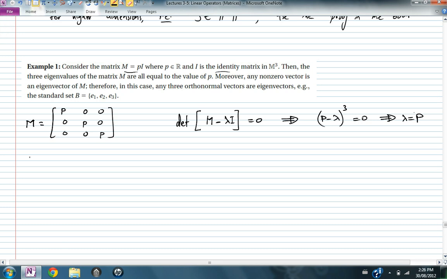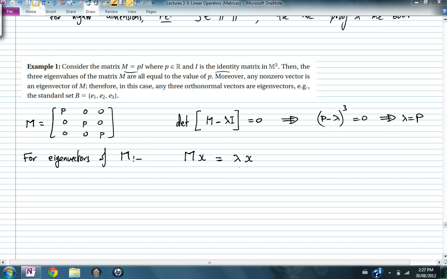Now, so this is for the eigenvalues. Now for eigenvectors, we are looking for vectors x, which when I multiply by M, I get the same vector x, maybe a little bit bigger or smaller. Now, they have the same directions, but slightly scaled by the factor lambda.